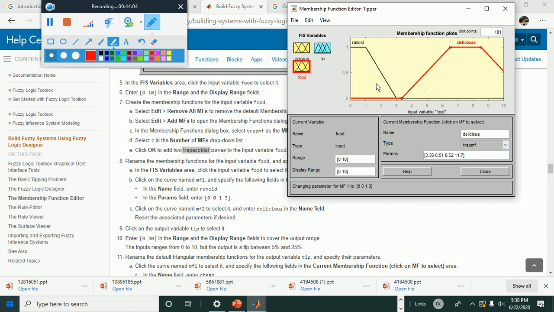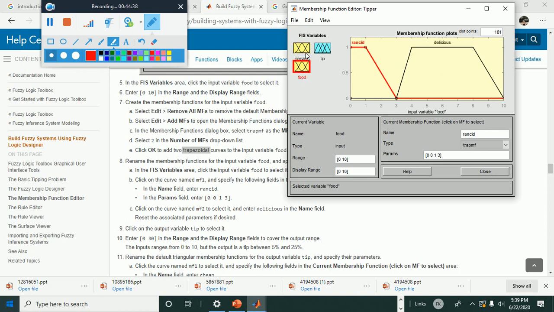For example, for delicious we have to give, let's suppose, 3, 4, 8 and 10. So this will be for delicious. So we have given the values.